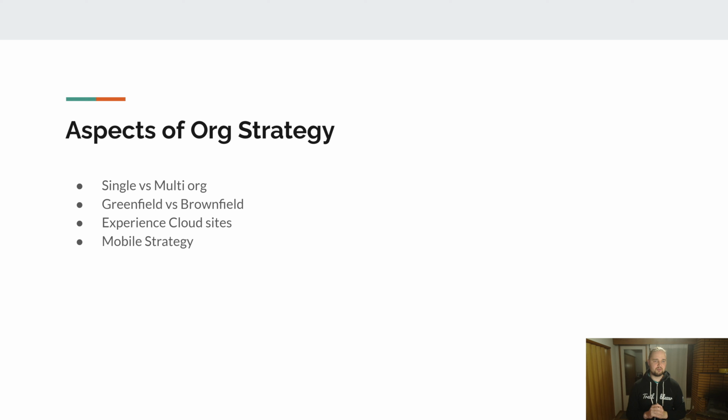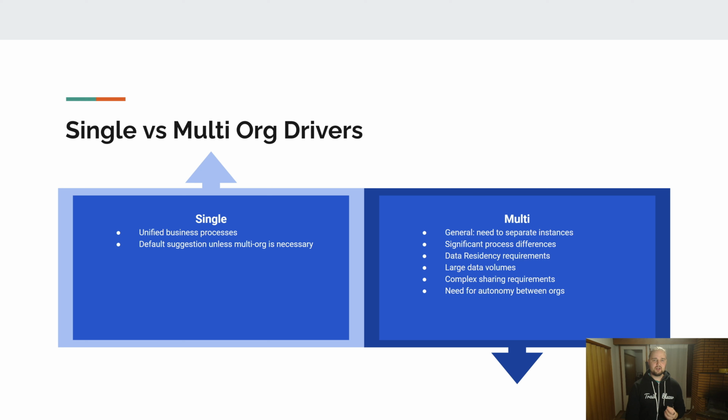It also impacts our mobile strategy in how we're going to use our mobile devices. I'm going to delve into each of these topics a bit more later on. First of all, we're going to discuss single and multi-org.